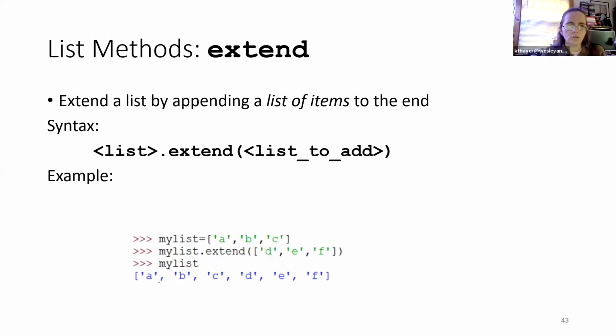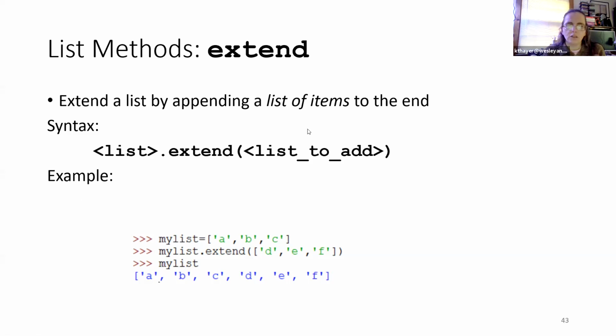Next, we have extend. Extend is going to basically allow you to add more than one thing to the list. Since we have more than one thing, the type of what we're going to add is going to be a list. Again, our syntax is really quite similar, and this is basically how all method notation looks.